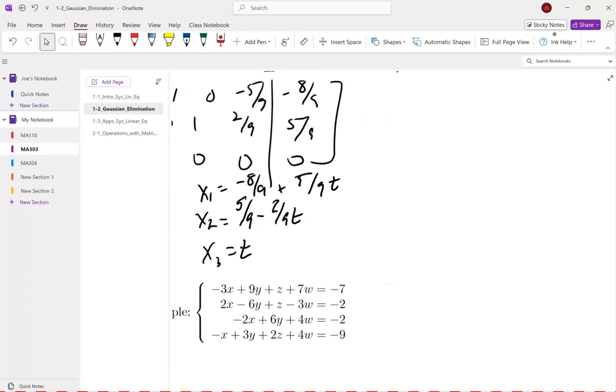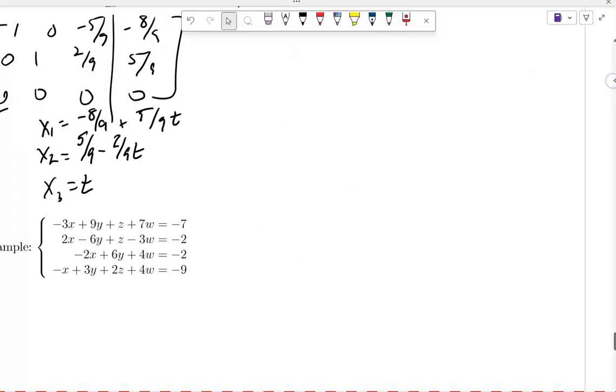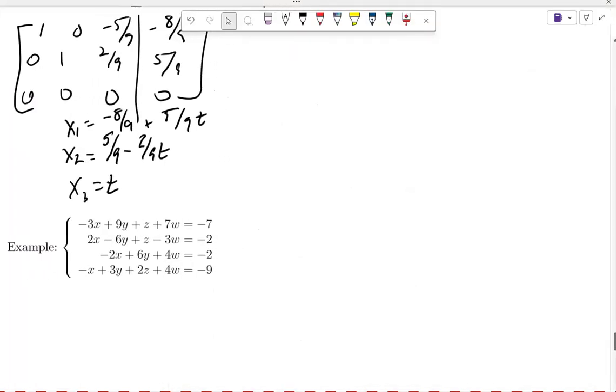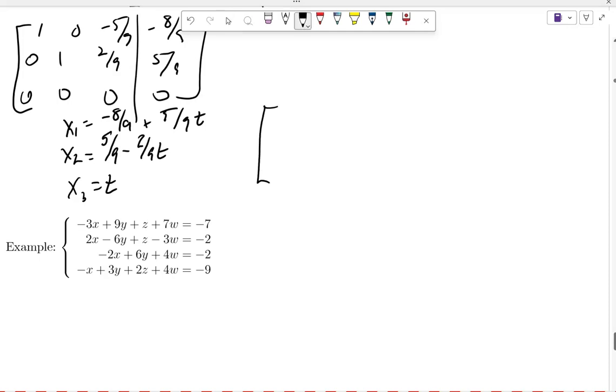Okay. Again, if we write it in that vector form, or what some books will call parametric form, I would write it as a column vector. What's your particular solution, or what's just the constants? What would you have for that first vector?